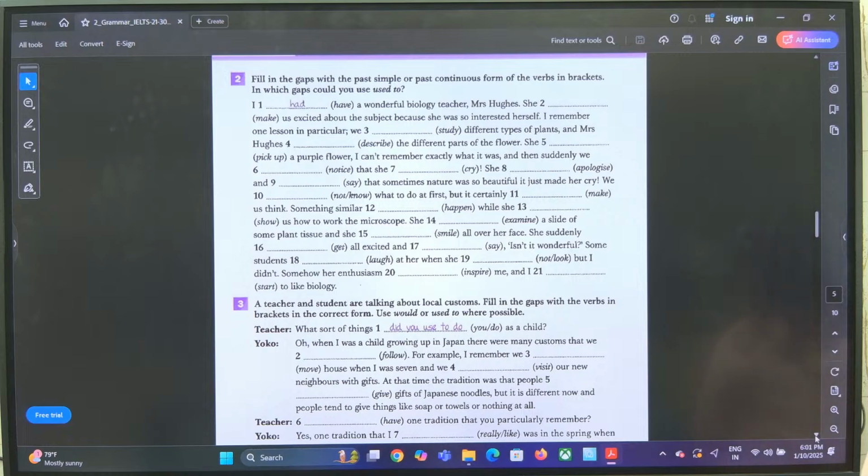Suppose if have is there, what would be its past participle?